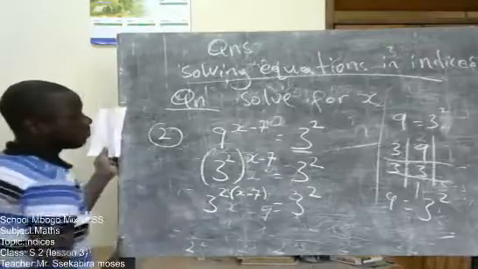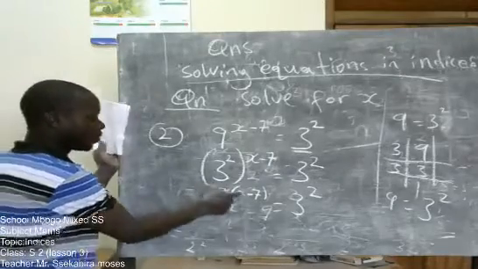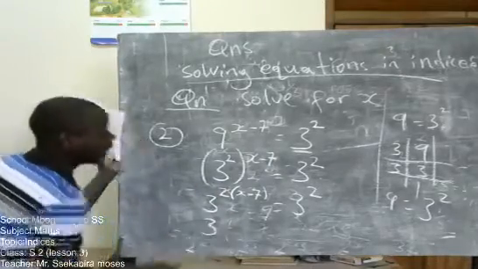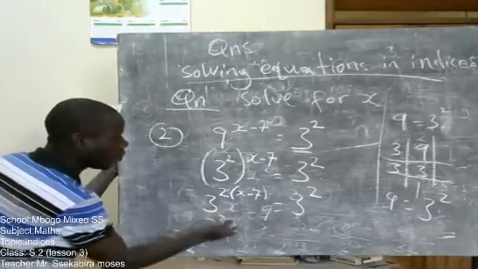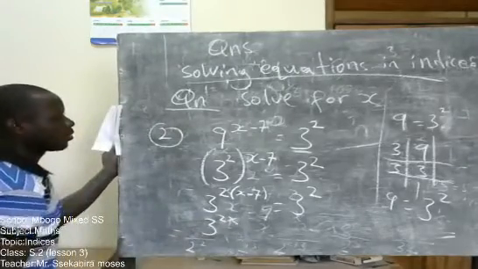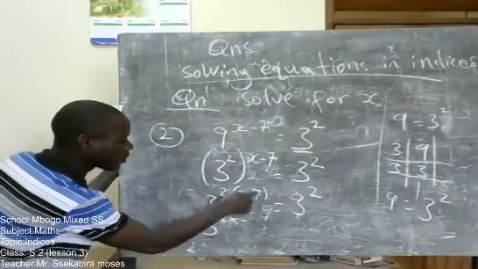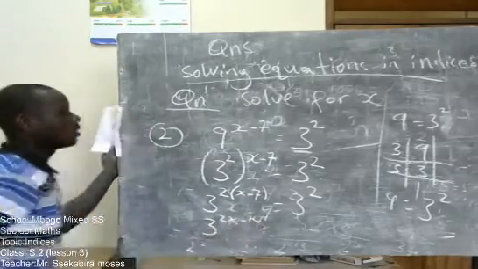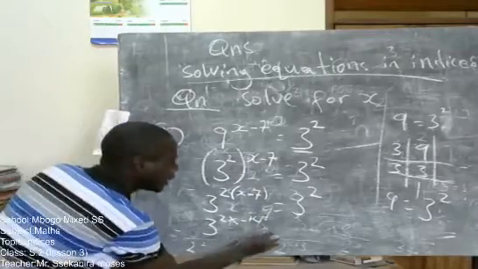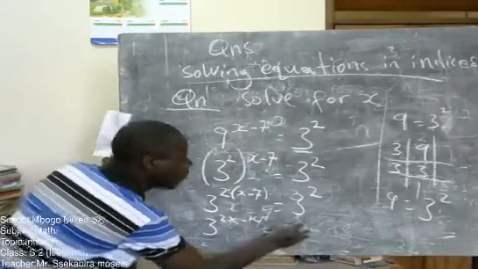Now we open the brackets. 2 times x gives 2x, and 2 times 7 gives 14. So we get 3 to the power 2x minus 14 is equal to 3 to the power 2.